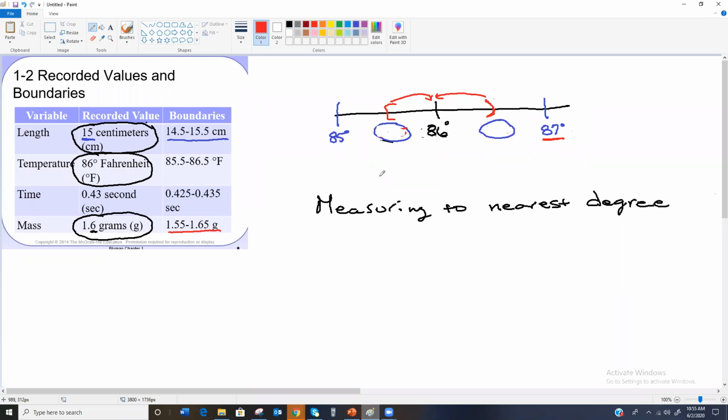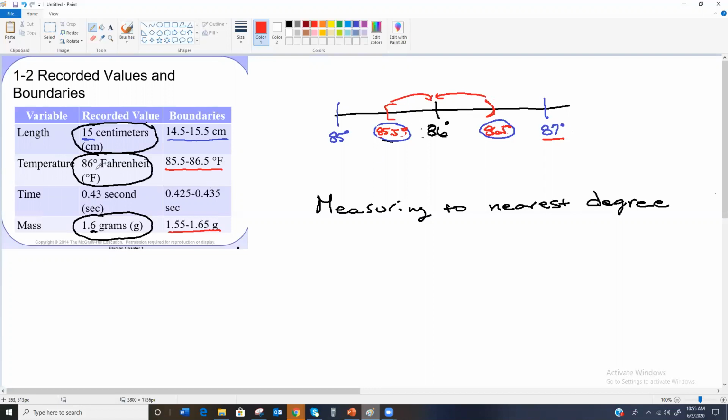To the nearest whole number. And then between what reportable values would you get an 86? 85.5. And then this would be 86.5. Okay, so perfect. So these would be the boundaries for 86, 85.5 and 86.5.